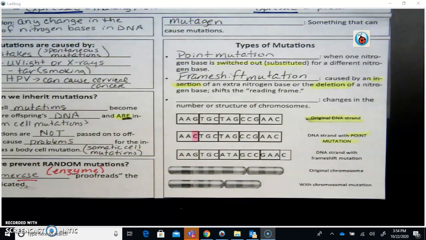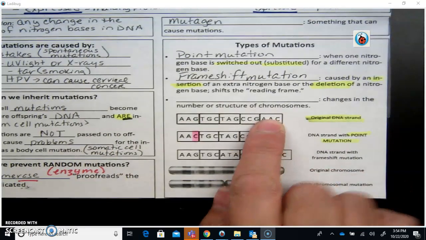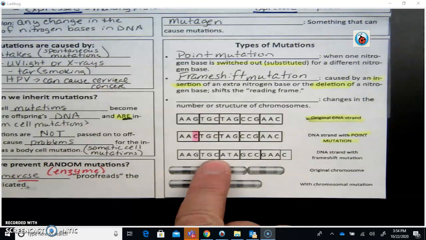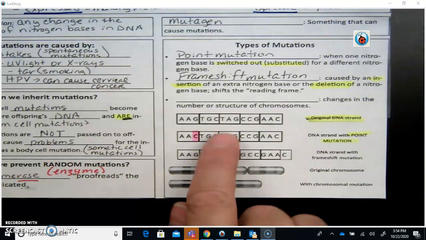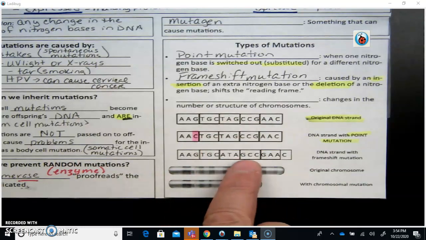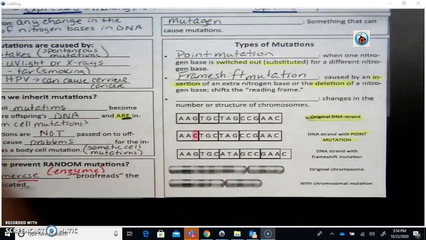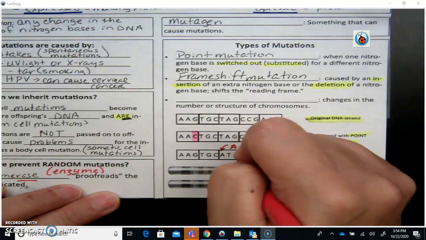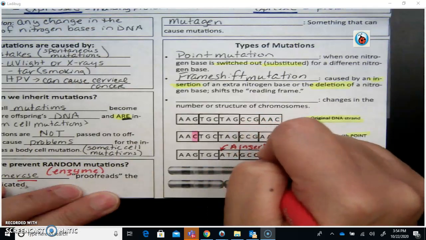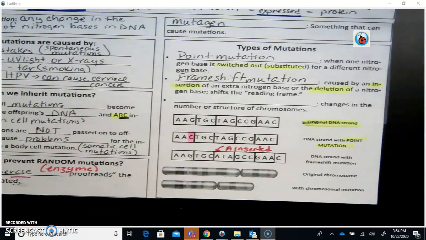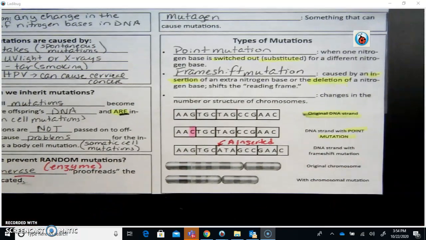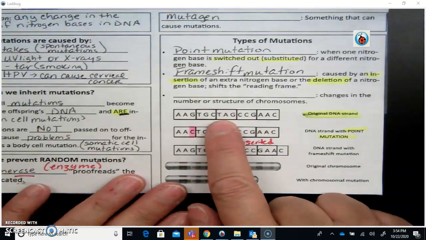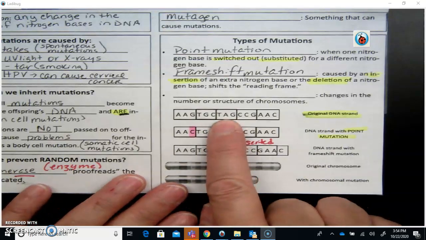For example, here's our normal DNA, and we have AAG, TGC, and then look, we have a difference. It should be TAG. I've got TAG here, but you can see that an A has been inserted. That's going to cause the reading frame, which codes for an amino acid, to be off by one.